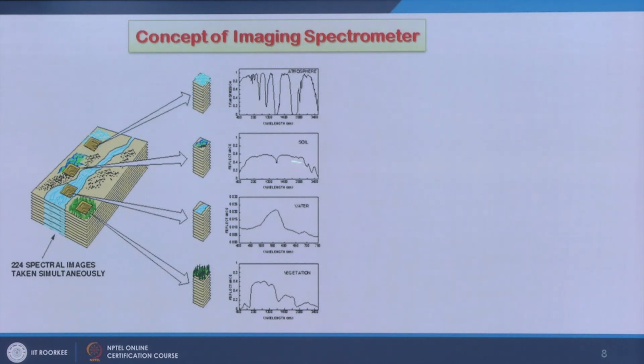We know where there is a higher reflection and where there is less reflection or absorption, but in the case of the atmosphere it is a complex thing. Anyway, that also has to be looked into, and hyperspectral remote sensing provides that kind of information as well.